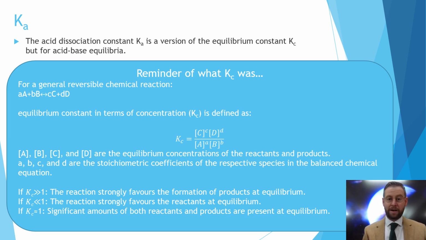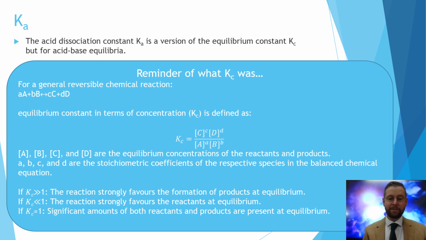Now, we can define an equilibrium constant which tells us about the favoured direction of this reaction. Is it to the right, producing those products, or is it to the left, producing those reactants? And the way that we do it is we take the concentration of each of the chemicals, we find the product of those concentrations to the power of their quantity, like how many moles, for example, of each are present.